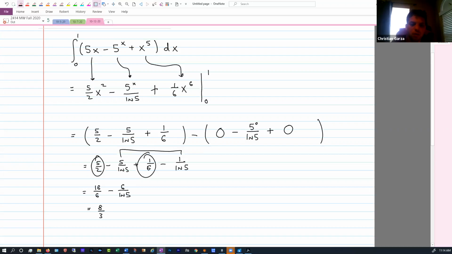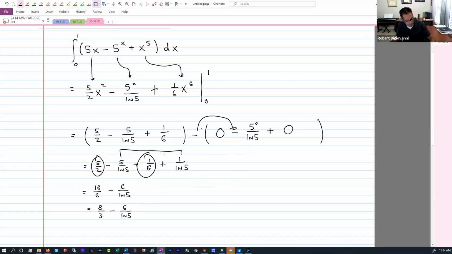Real quick, would the minus 1 over natural log of 5, would that be a plus, since we would distribute the... Oh, yeah, sorry. I didn't put my minus through there. Yes, plus. Thank you. So that would actually change that to a 4. Minus 4. And that would be the exact answer. We could just leave it like that.